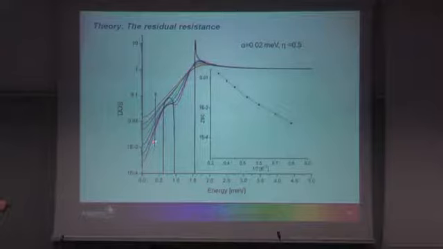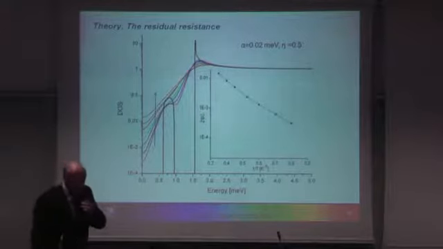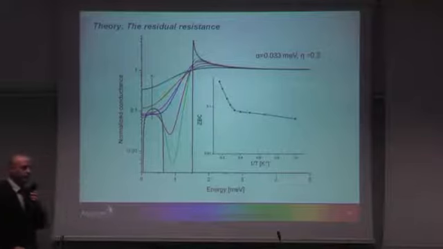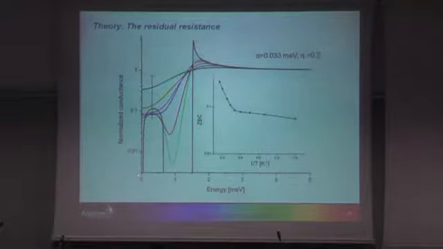So now, for this set of parameters, if we plot the value of the zero bias conductance, which is here, as a function of the temperature, with the temperature increasing along this line, and we plot this in the same way as people plot Rs versus 1 over T, we have this line here. So it's almost like BCS for high values of eta.